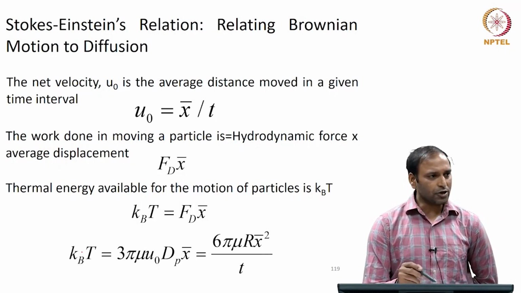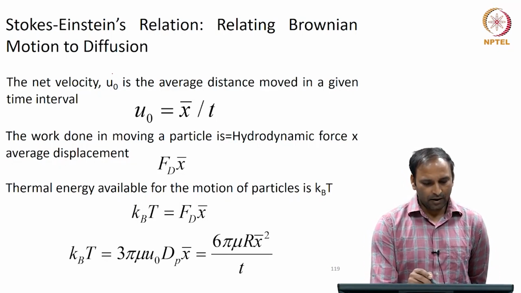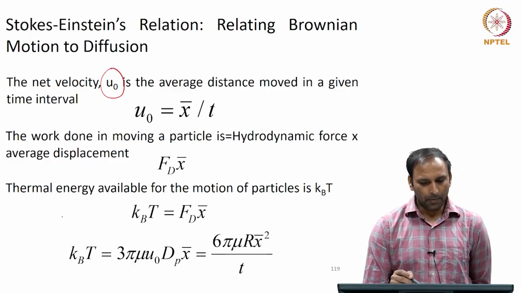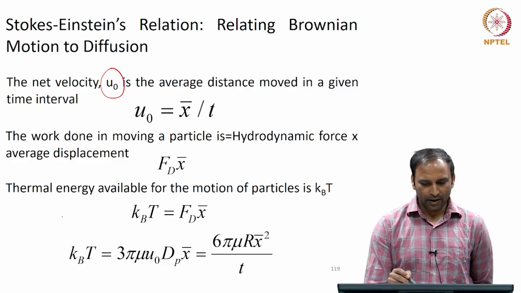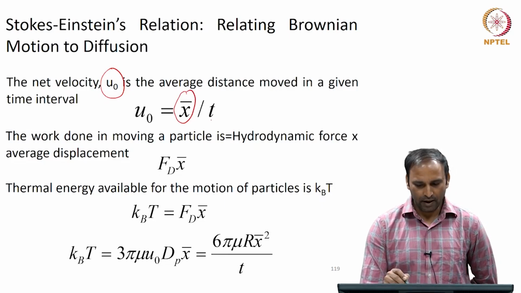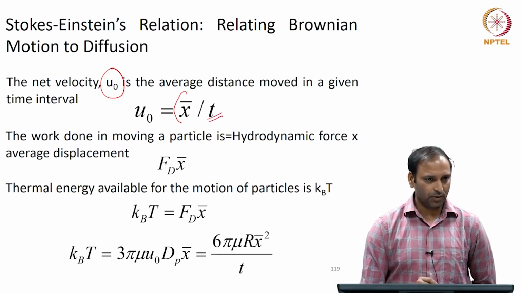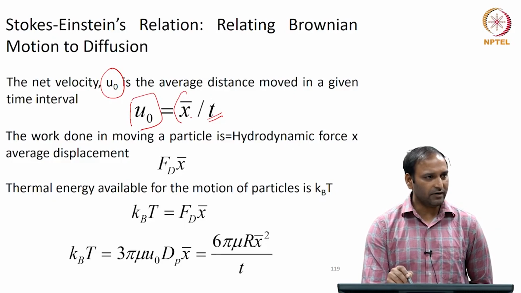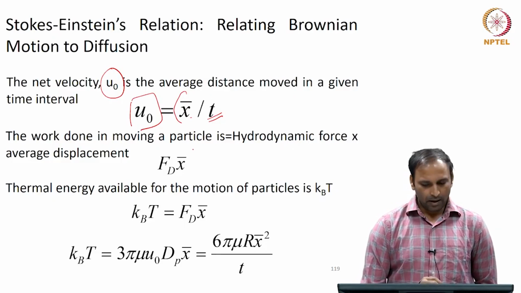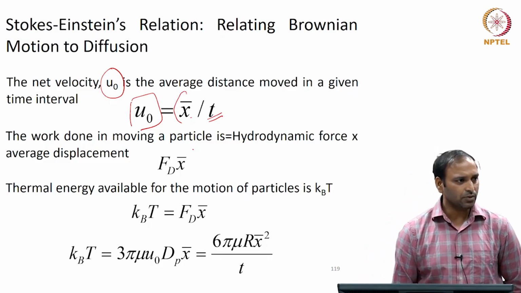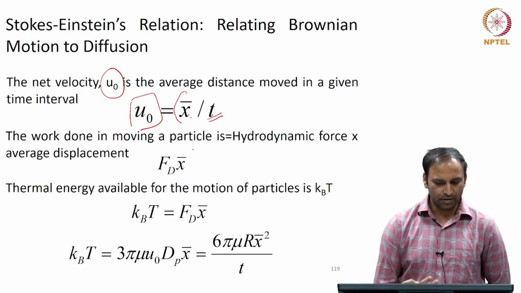Now, because the particles are constantly moving in the fluid, the net velocity u naught with which the particles are moving is the average distance the particle moves in a given time interval, that is, u naught is x bar divided by t. But whenever a particle is moving, it has to get some energy.